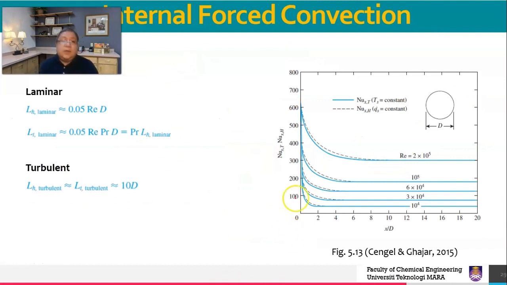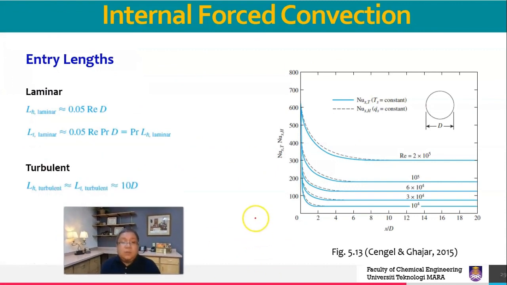For this one, I need an extensive explanation. By the way, entry length: how do you know the entry length? You have to determine whether your region is laminar or turbulent, and whether it is the hydrodynamic region or the thermal region.